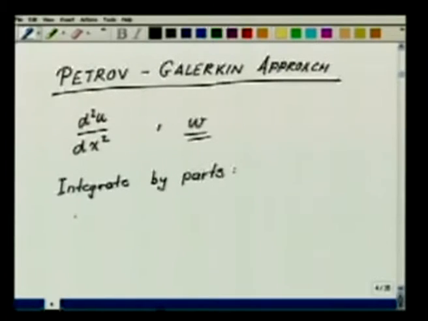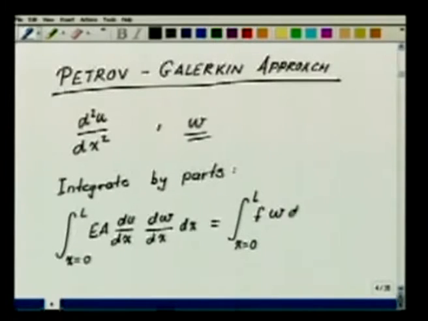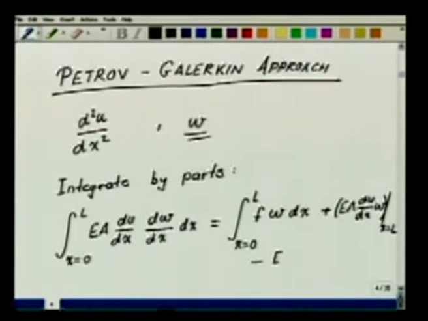If you integrate by parts once, you will end up getting the integral from x equal to 0 to L of EA du/dx dw/dx is equal to the integral 0 to L of f w dx plus EA du/dx times w evaluated at x equal to L minus EA du/dx times w evaluated at x equal to 0.